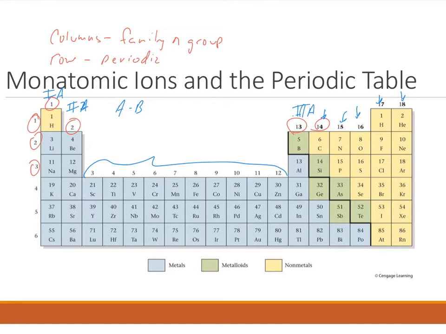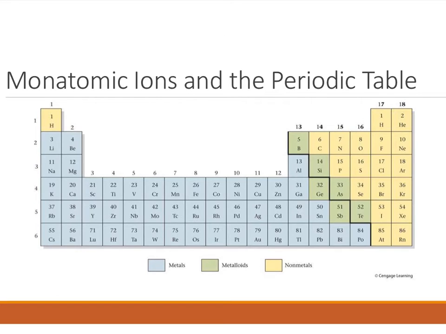It's the A groups that I want to talk about in particular because these are relatively easy to remember ion charges. So we're first going to talk about cations, and we're going to talk about group 1A first. Group 1A forms +1 ions.